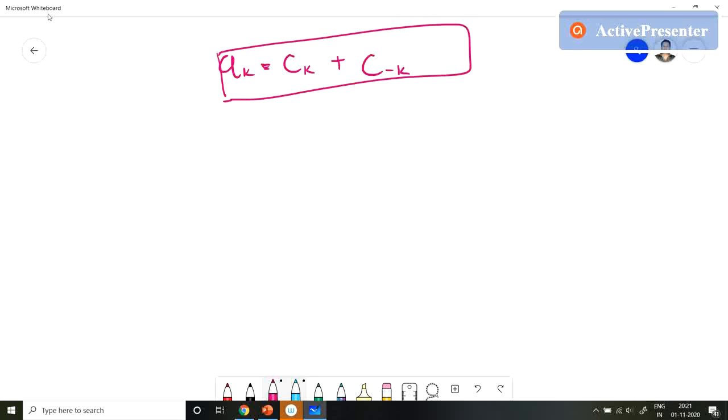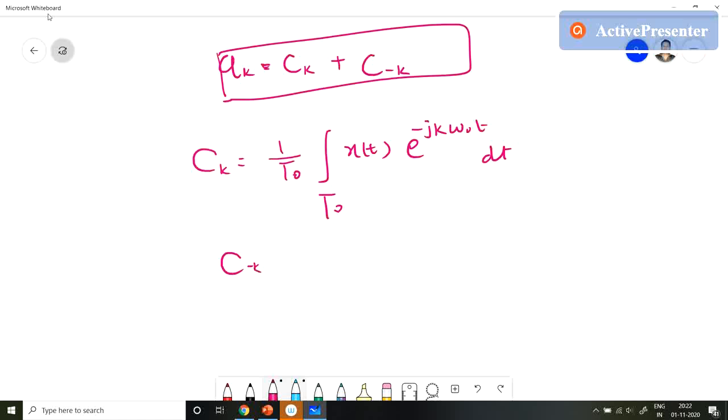Again we can prove the second relation also. So ck, again I am writing ck, that is 1 divided by T naught x(t) e raised to the power minus jk omega naught t into dt. Now we are just finding the value of c minus k, that is equal to 1 divided by T naught x(t) e raised to the power jk omega naught t into dt.